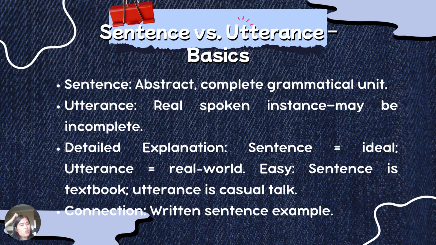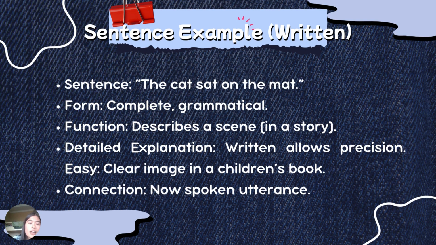So the sentence is an abstract, complete grammatical unit, while an utterance is a real spoken statement, in context. In other words, a sentence is textbook and an utterance is casual talk. The example sentence: the cat sat on the mat. The verb is complete, grammatical.